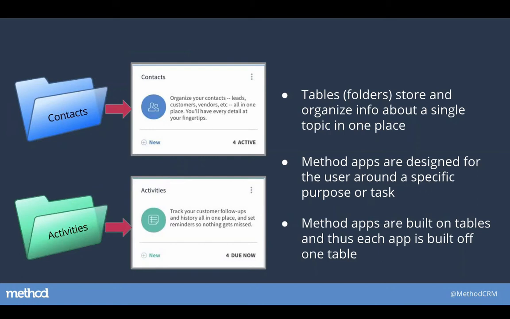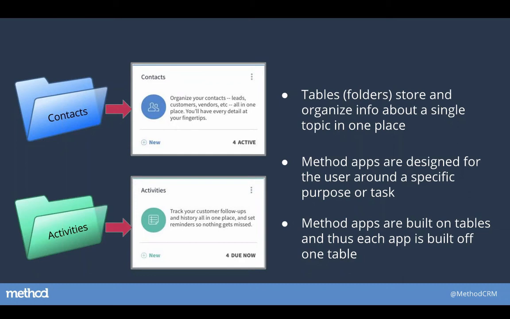Now what we're doing next is we're introducing our apps. Inside of Method, for those of you that had the luxury to log in, you hit your Method dashboard, and you see all these wonderful apps labeled contacts and activities and perhaps opportunities, invoices and estimates, and all these other apps, right?